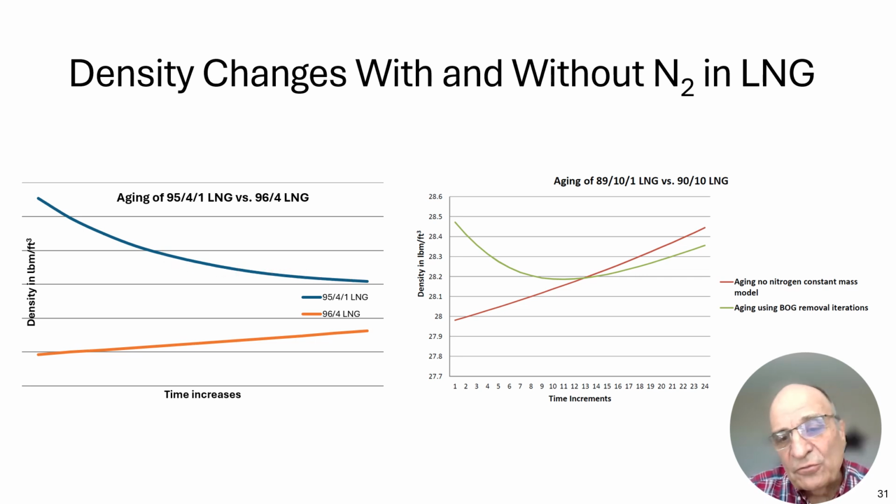This graph to the right takes a different mixture, but over a longer time period. And as you can see, the density with the nitrogen in it comes down, reaches some flat or level point, and then starts becoming more and more dense. So it actually has a reduction in density before it has an increase in density, whereas the LNG that started off without nitrogen in it just continuously gets denser over time.